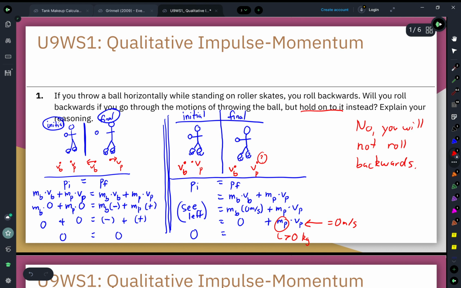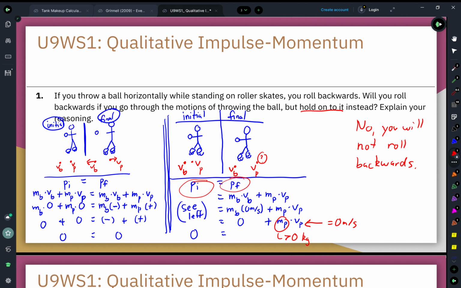To summarize what we did, we started off by drawing a diagram representing the scenario. We identified the variables that we knew, such as the relative masses of the ball and the person, and the velocities and directions. From that, we used our understanding that momentum is a conserved quantity, which is why we have the same amount of momentum before and after.